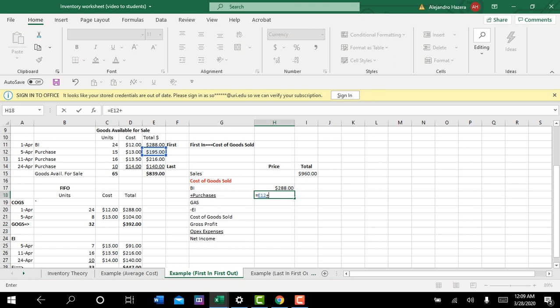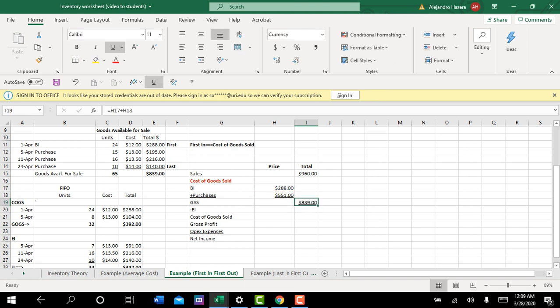Our total goods available for sale are $288 for beginning inventory plus purchases of $551. That gives you $839. And let's go back to what I said before: that $839 doesn't change for average cost, first in, first out, or last in, first out. That does not change. It's $839.